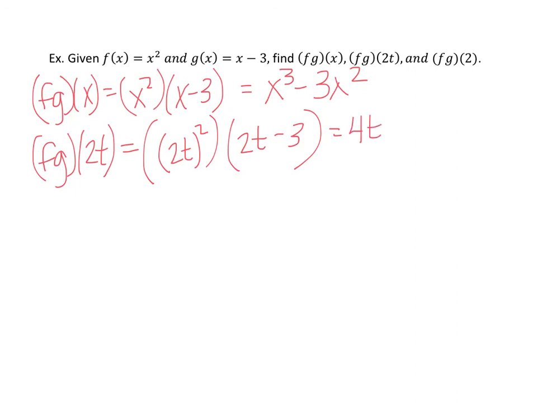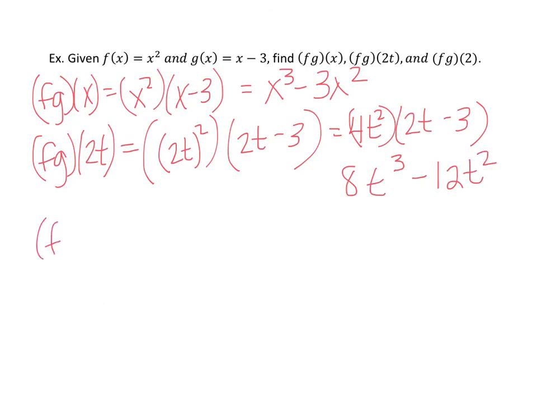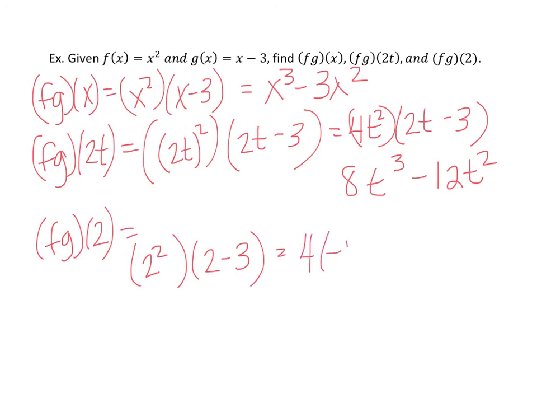I'm going to have 4t squared times 2t minus 3, 8t cubed minus 12t squared. My last one, (f g)(2), means I'm putting a 2 everywhere I see an x. So I've got a 2 squared times 2 minus 3. 4 times negative 1 is going to give me negative 4.